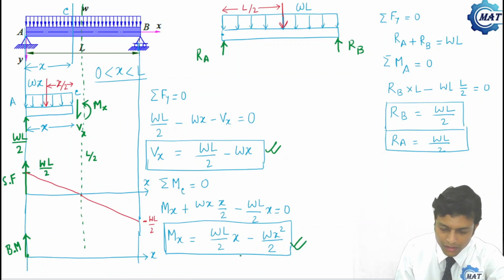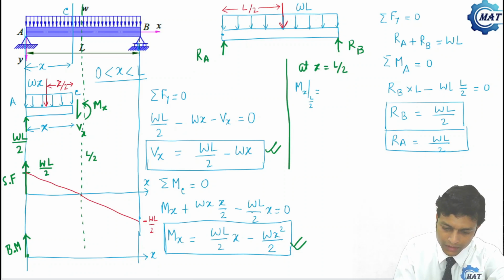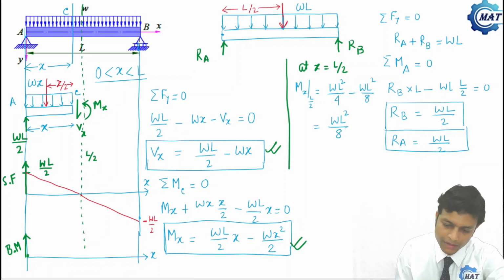And at x equal to L by 2, what will be the value? Mx at L by 2 is wL square by 4 minus wL square by 8. That is wL square by 8.